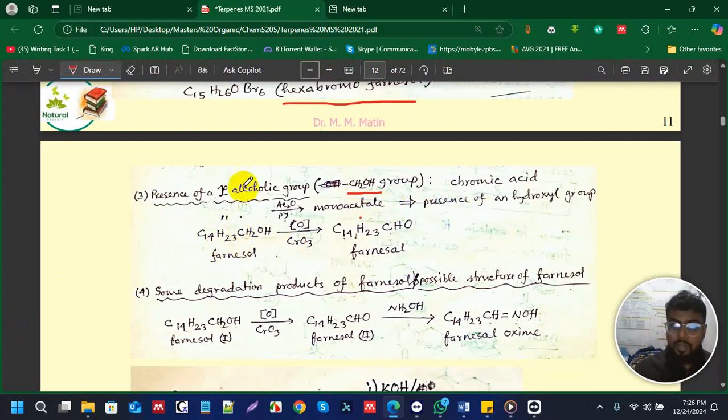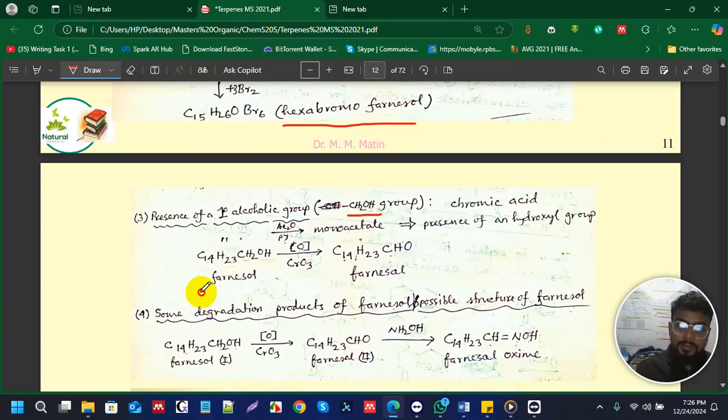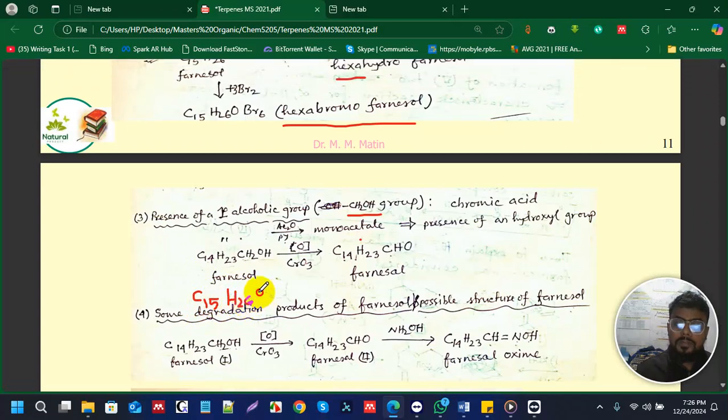So we have written C15H26O. We can write this molecular formula as C15H26O: the carbon, then the hydrogens, H25 and H1, that means the total number of hydrogens is 26, and the oxygen remains as usual.